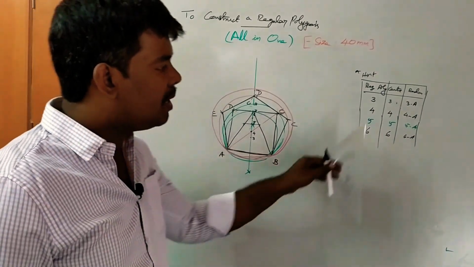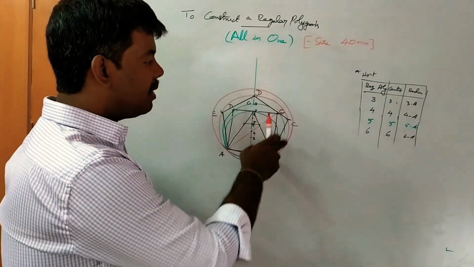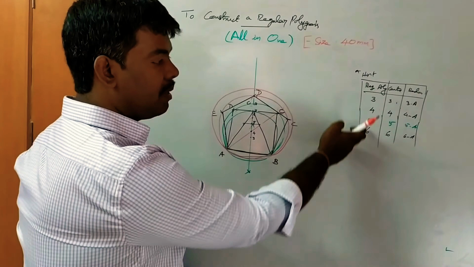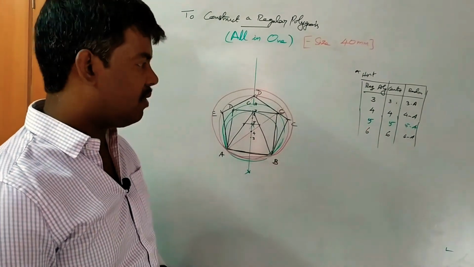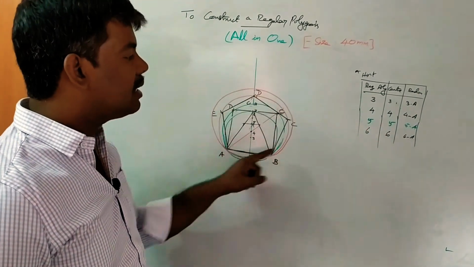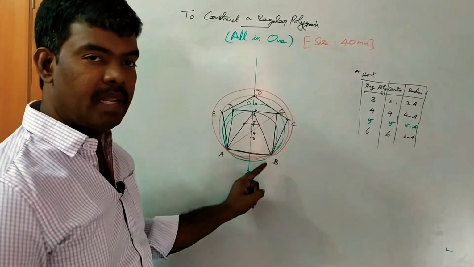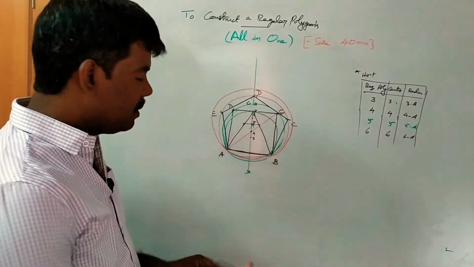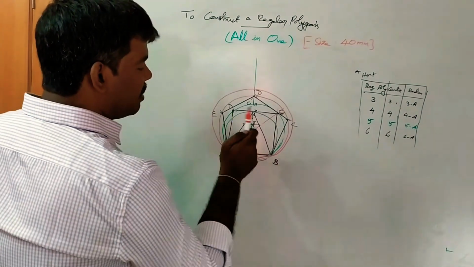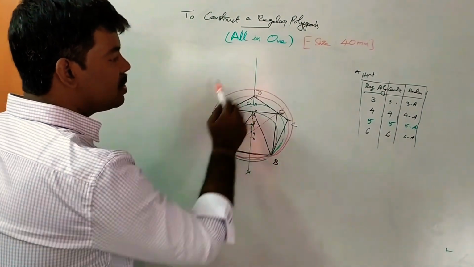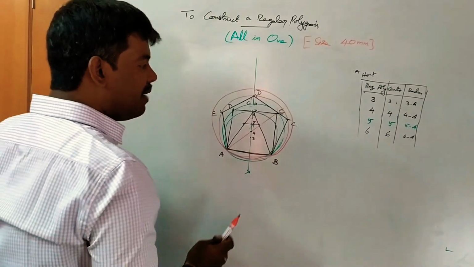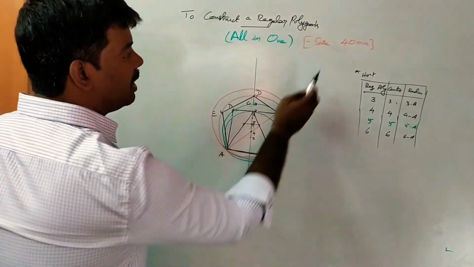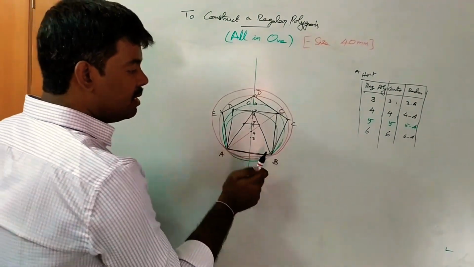So for all the polygons, the n number of sides, that is 3 side, 4 side, 5 side, whatever it may be, all the circles pass through A and B, each and every one. So here n number of curves are there. So number 6 as the center, 6 to A as the radius, you draw one arc. After that, take AB as the size, 40.